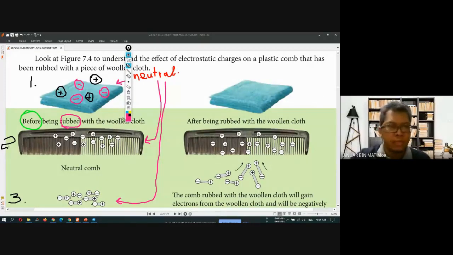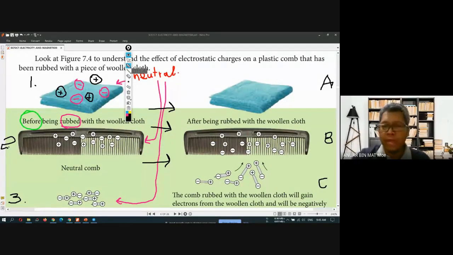This is A, and then B, and then C here. Okay, what happened, you think? After we rub the woolen cloth vigorously with the plastic comb, what will happen, class?